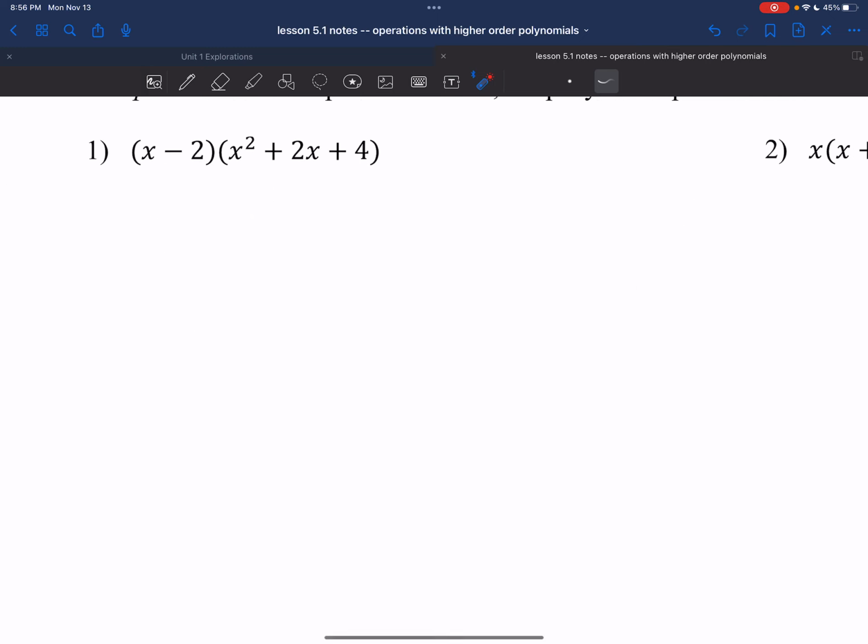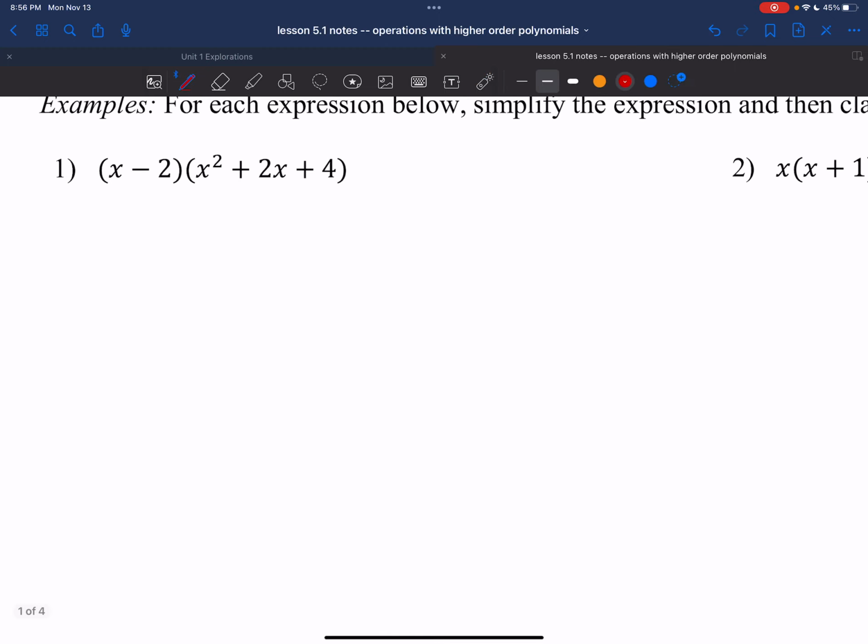So here's the first example kind of worked out. We're just going to multiply these two things. That's it. So if you want, you could draw the little arches like this. And you know what? Why not? I'll do it in two different colors. So in the red, I do x times x squared, right? Here, I'll erase it so you can follow along. X times x squared.